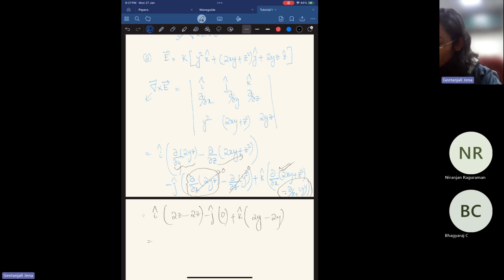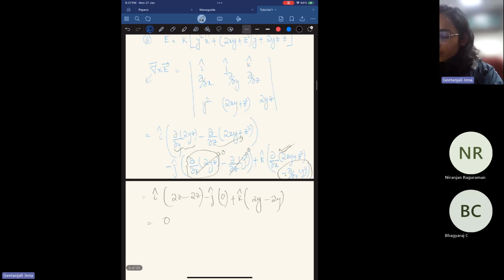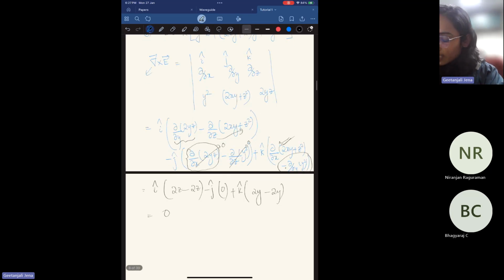So that means curl of E is 0 here. So it satisfies the condition for a field to be electrostatic. That means this field given here is an electrostatic field.